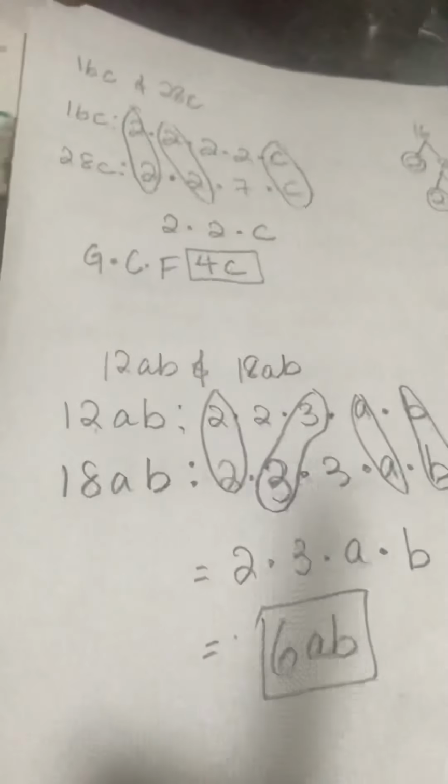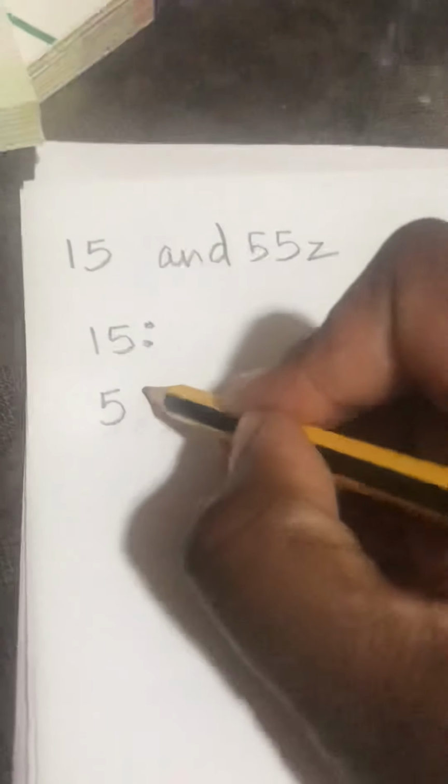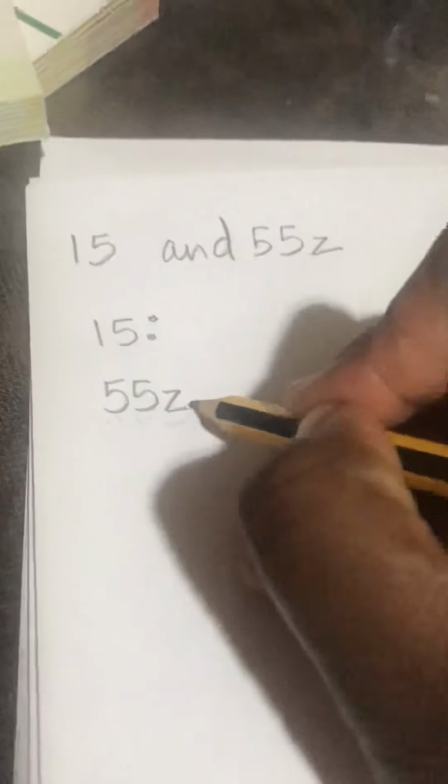Now let's do one where we have a number and a letter. Alright, let us do 15 and 55z. So we have 15 and we have 55z.